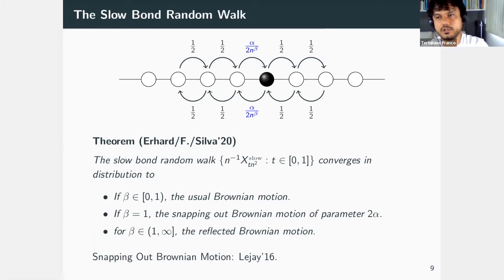It switches the regions. If it is in the positive, it changes to the negative. But it touches 0 many times, and this increases the local time. Once the local time reaches this exponential value, it changes half line. This is in words the meaning of the snapping out Brown motion. And this is the limit for the slow bond random walk.